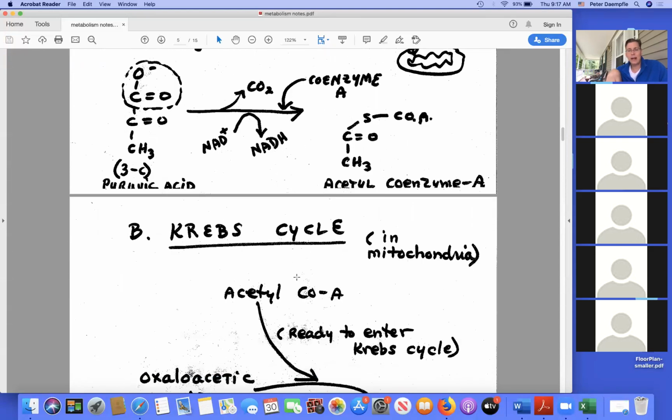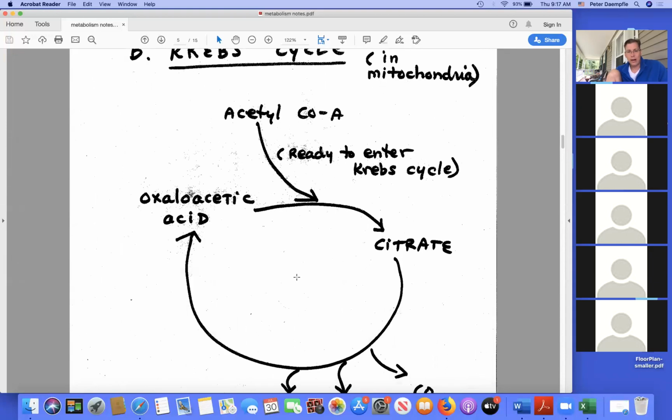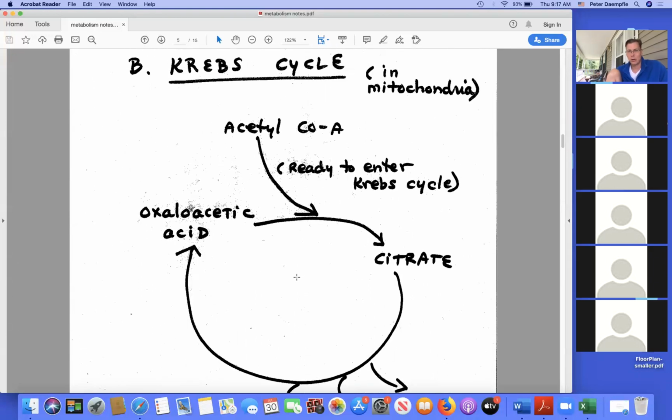Now it's able to get into the mitochondria, and in the mitochondria, we carry out something called the Krebs cycle. There's a couple of names for it, and if you look on figure 4.14, the name I use in the book is the same as I like using on the test, and it's called the Krebs cycle. That's this. Some call it the TCA cycle, some call it the citric acid cycle, but most commonly known as the Krebs cycle.